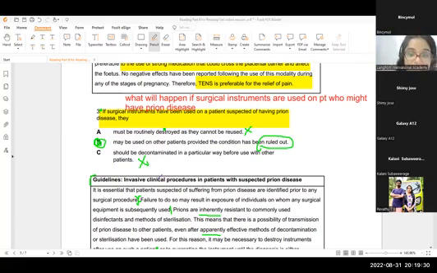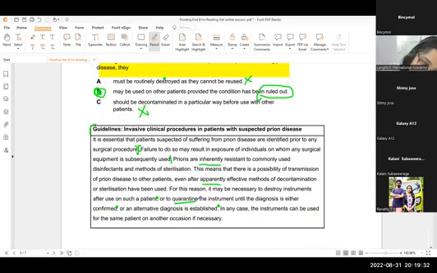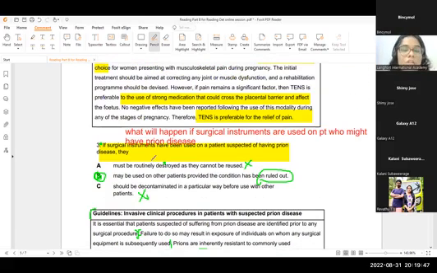That's why they've told, see, quarantine the instrument. Keep the instrument away until the diagnosis is either confirmed or an alternative diagnosis is made. Alternative diagnosis means the person has some other disease other than a prion disease. Until then you can keep the instrument quarantined. Keep it on hold. So that makes B the answer. It's a tricky one.